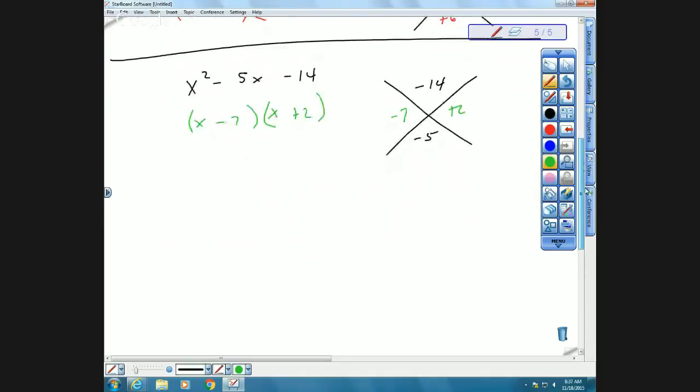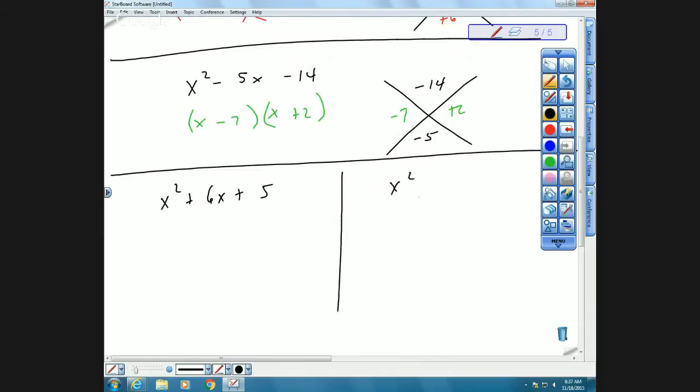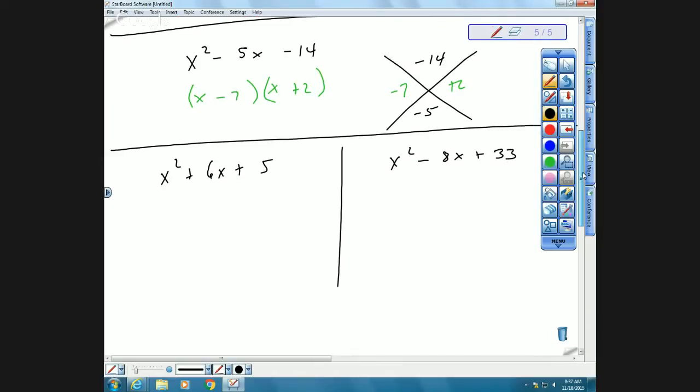Let me write out a couple problems real quick here. I'll show you a pattern. You don't have to know this pattern, but it's nice.